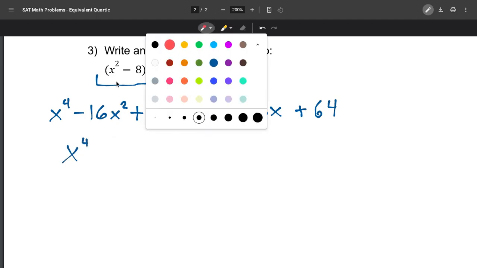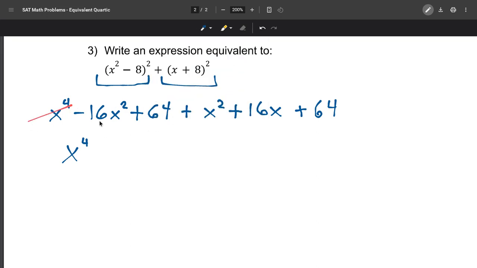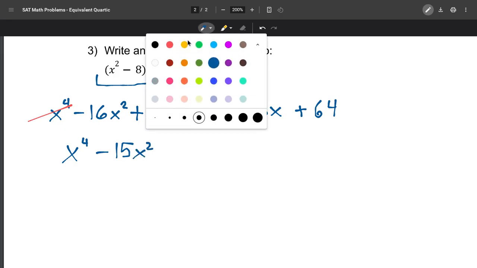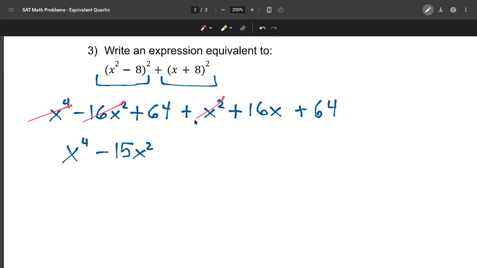I'm going to cross it off. Negative 16x squared plus x squared is minus 15x squared. Cross off that and that. Plus 16x. Okay, we'll cross off, not 64, let's undo that.